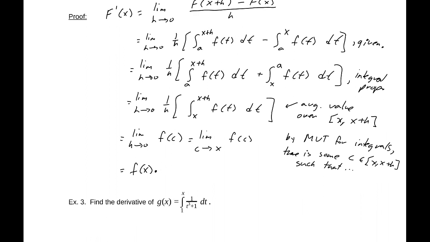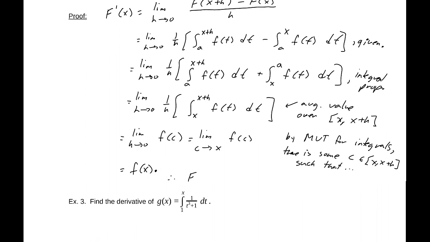Tying that together, we have that capital F prime of x equals f of x, where capital F is defined as the integral, and capital F of x, as we'll find eventually, is the antiderivative of the lowercase f. That is what that theorem does. It ties together the integral to the derivative.